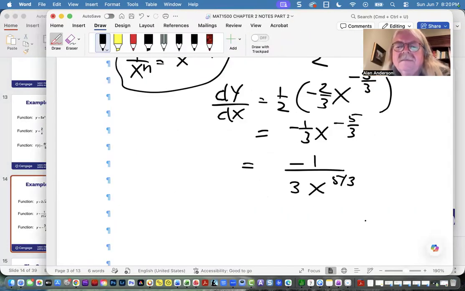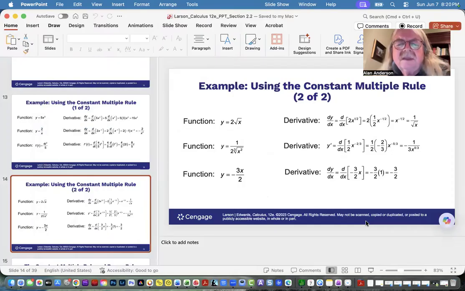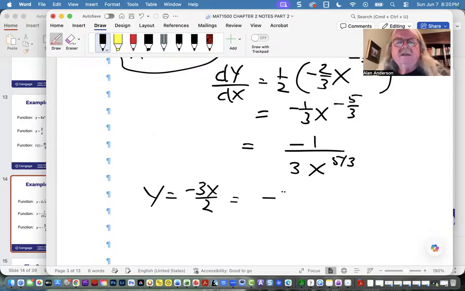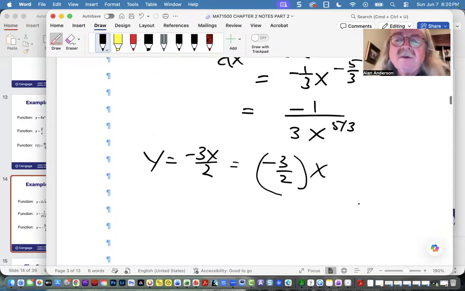All right, perfect. And then here's a relatively simple one, y equals negative 3x over 2. And you can just rewrite this like this. Keep in mind that x has an implicit exponent of 1.